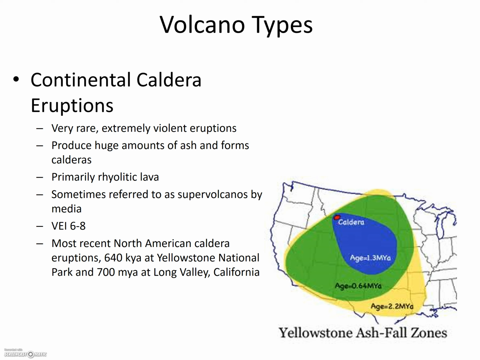The most recent North American caldera eruptions were 640,000 years ago at Yellowstone National Park and 700,000 years ago at Long Valley, California. The image depicts ash fall zones for 3 Yellowstone eruptions, which cover a large portion of the United States.